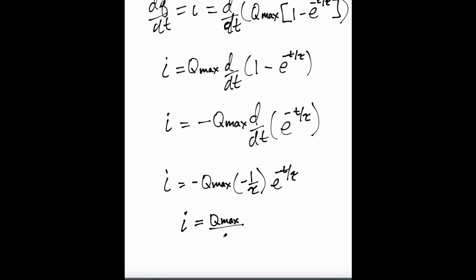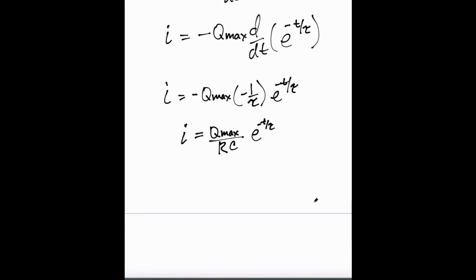over R times C times e to the negative t over tau. And there's a reason why I broke up tau back into R times C. I'm going to leave that tau there, but I broke up the other one. And I want you to notice that we've got Q over C again, so that's E over R. So I, as a function of time, is now E over R. Q max over C is E over R, times e to the negative t over tau.